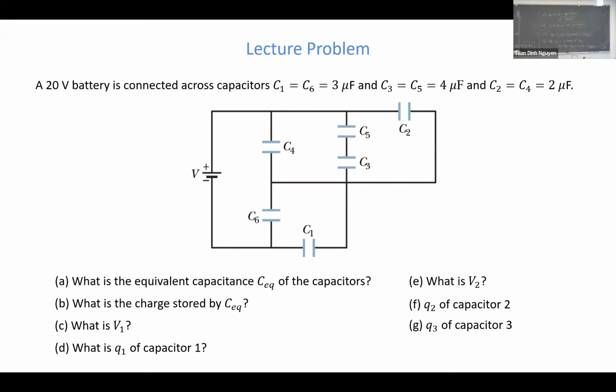So it looks complicated, but you do it section by section. So the same formula. And then the last part, V3. And that's easy. Once you know Q3, then you get V3. So V3 equals Q3 over C3.